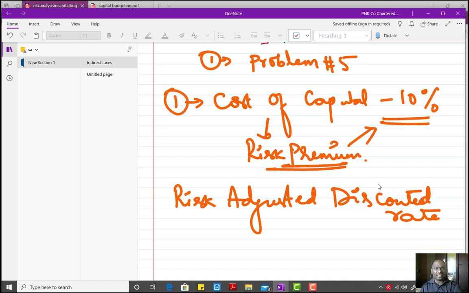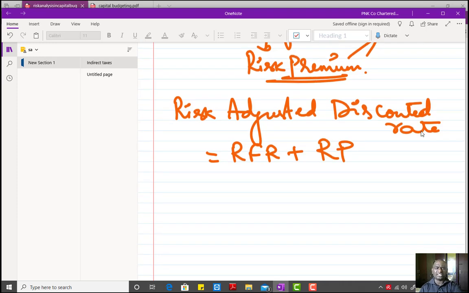The formula for the risk adjusted discount rate is: risk free rate plus risk premium. Now, what is this risk premium? In the examination, they will directly give you the risk premium and the risk free rate. What is the risk free rate? Your bank deposit rate. Let's say the risk free rate is 10%, and if there is more risk in this particular project, the premium will be higher.